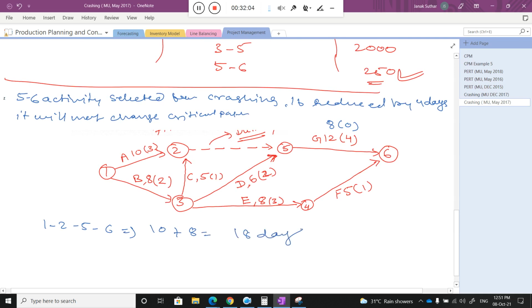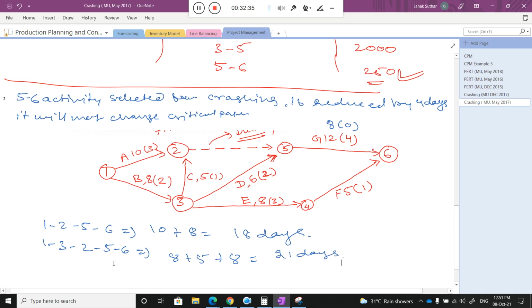So now we reduce the project time. The next path available, can you help me with the calculation? 1 3 2 5 6. What will be the time? 8 plus 5 plus 8 is equal to 21 days.